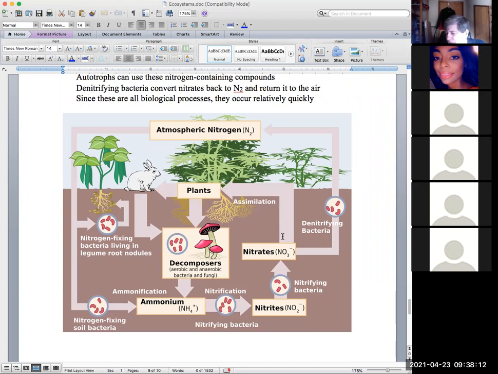So when you look at a lot of fertilizers, they list three numbers somewhere, 5, 10, 5. And this is the percentage of nitrogen, phosphorus, and potassium that they have. These aren't always the things that limit plant growth, but they are in most environments. So these are the three things that are most commonly put in commercial fertilizers.